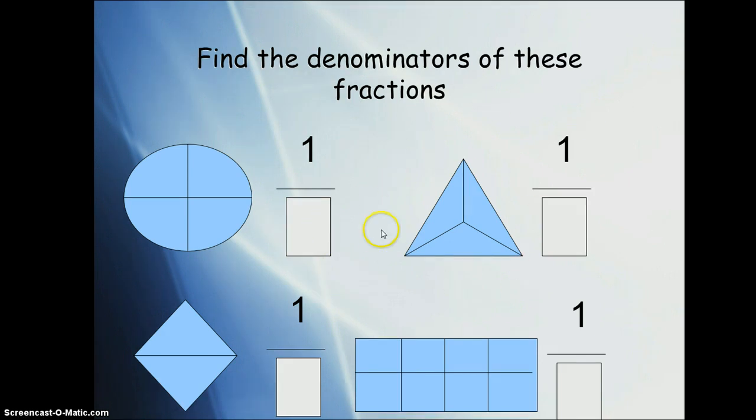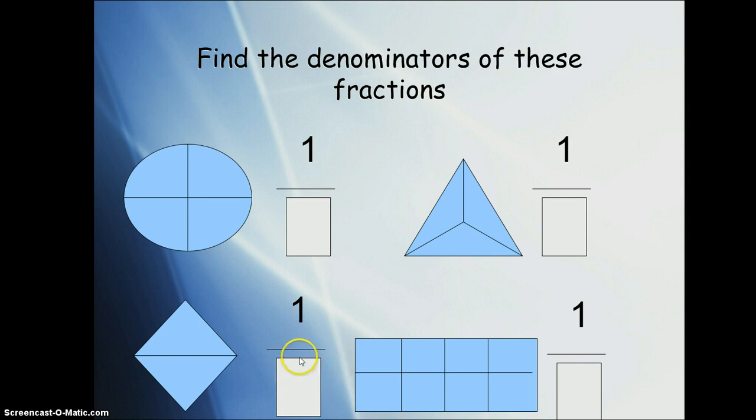Out of this triangle, how many pieces make up the whole? The denominator would be what? If you said 3, you were correct. In this shape down here, what would the denominator be that would make up this fraction? If you said 2, you were correct.